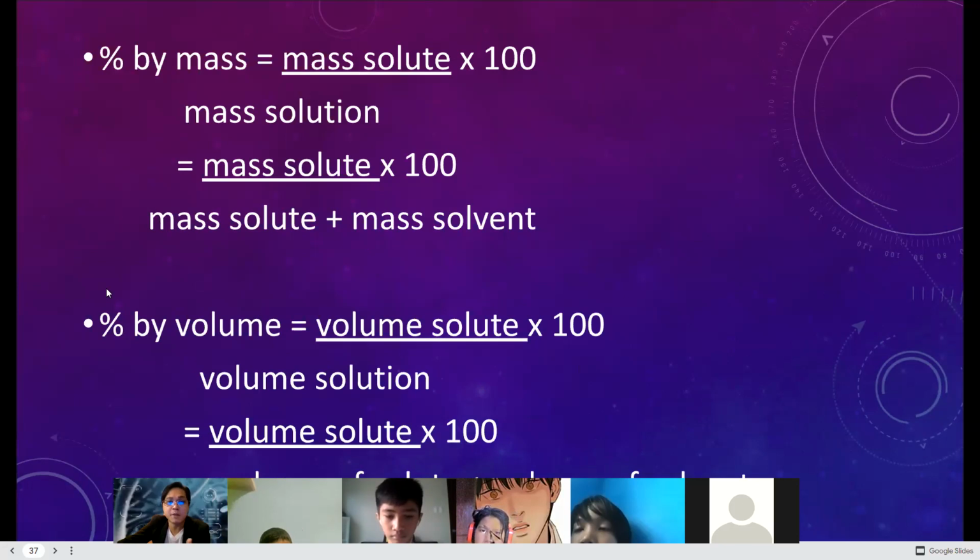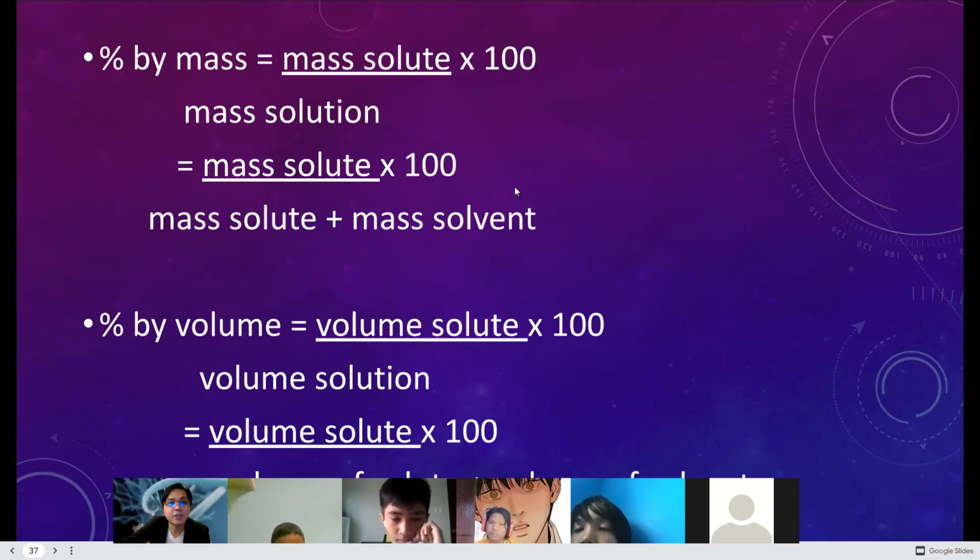Percentage by mass is equal to the mass of solute times 100 over the mass of solution. Take note that your mass of solution is composed of solute and solvent, correct? So it is equal to the mass of solute times 100 over the mass of solute plus the mass of solvent. Your mass of solution is composed of solute and solvent, so it's the same.